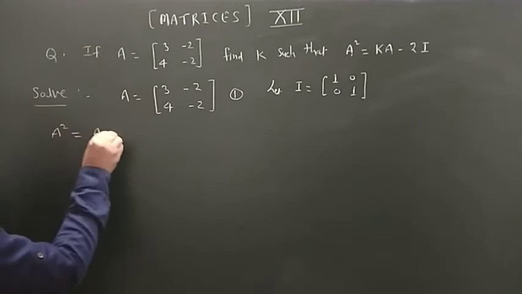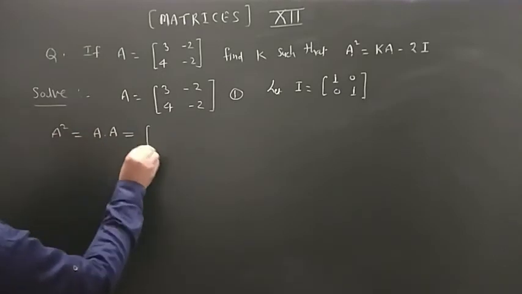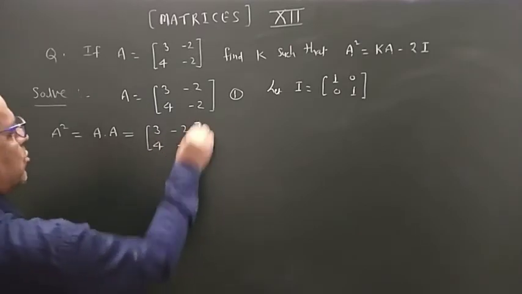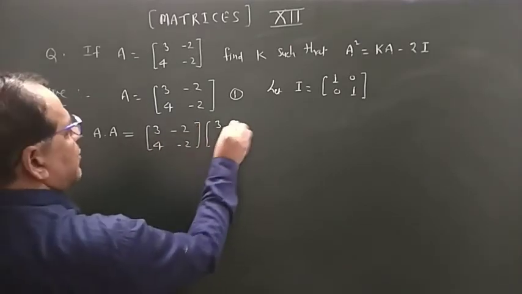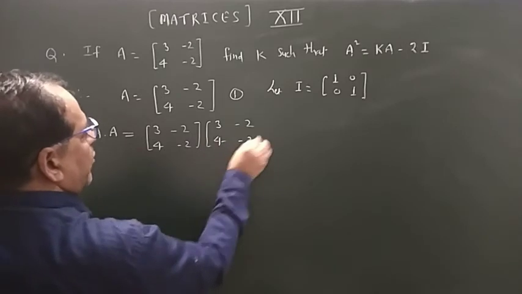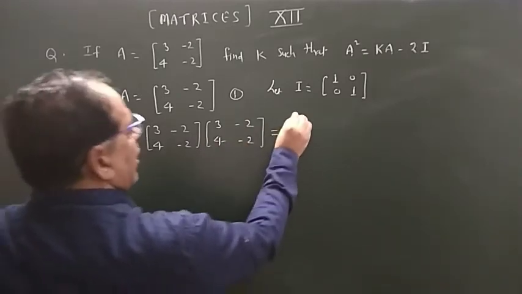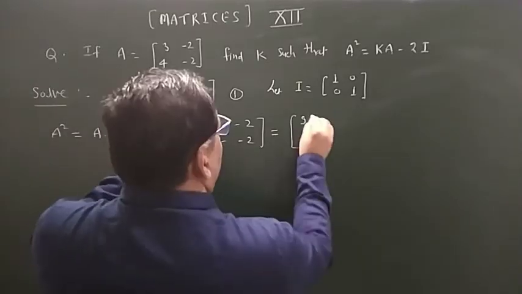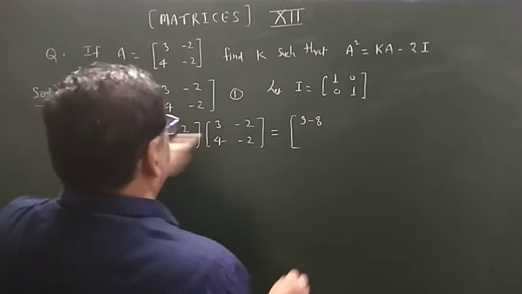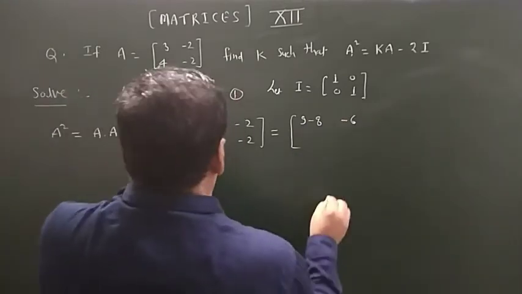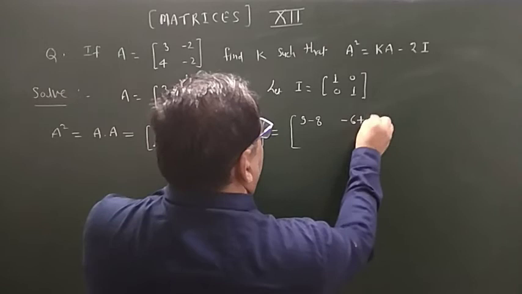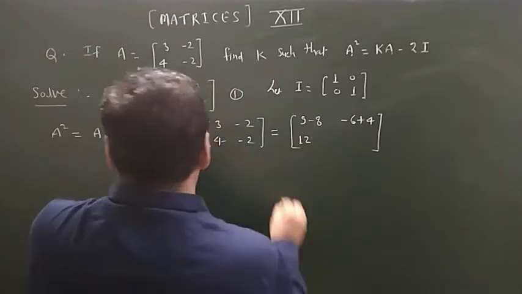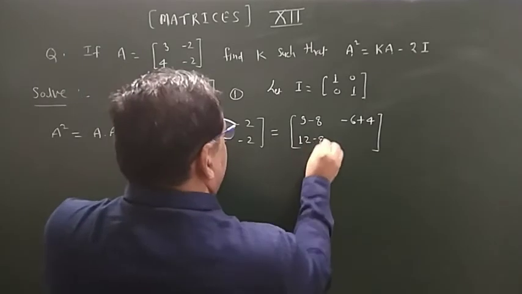So this can be written as A into A. This means 3 minus 2, 4 minus 2, multiplied with 3 minus 2, 4 minus 2. After multiplication, 3 times 3 is 9, minus 2 times 4 is 8. 3 times minus 2 is minus 6, minus 2 times minus 2 is plus 4. 4 times 3 is 12, minus 2 times 4 is minus 8.